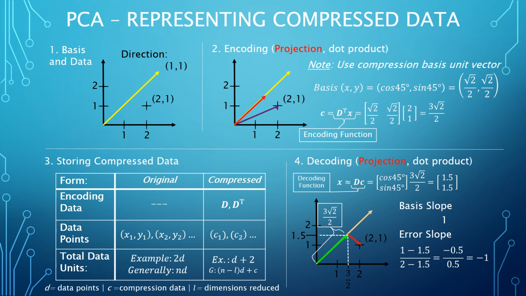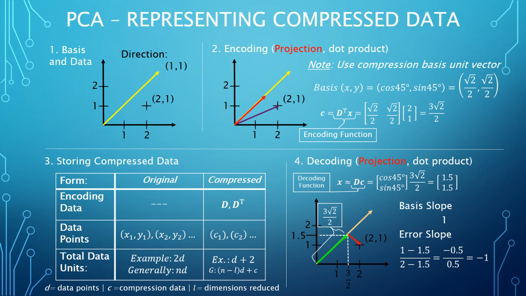First, we need to ensure that we're working with a unit vector. That's because if we don't use a unit vector, the resulting encoded point will not be the one that's connected to the unencoded data point by a perpendicular line. Instead, it will be somewhere further up or down the dimension we choose, the number line we choose.